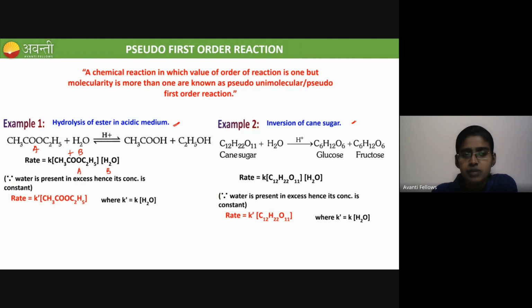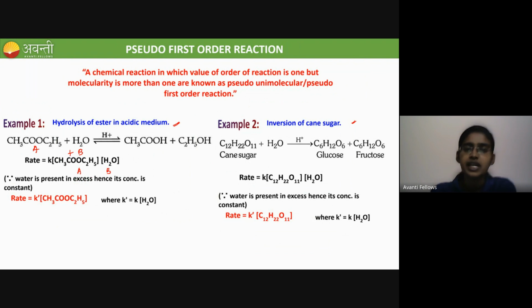So we eliminate that and get K dash into the concentration of ester. Actually 2 reactants are involved, but only one reactant's concentration is used to find the rate of the reaction. So it is called a pseudo first order reaction.